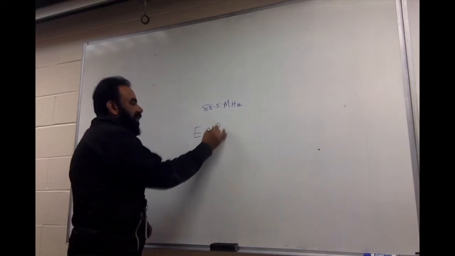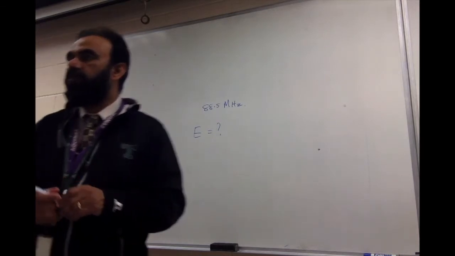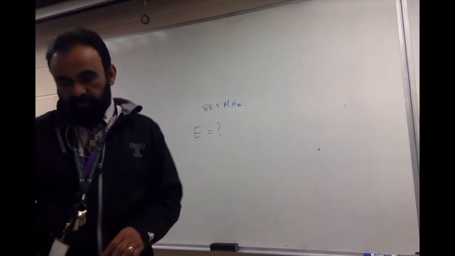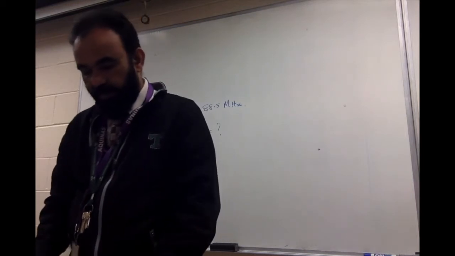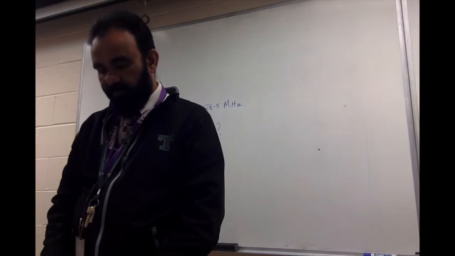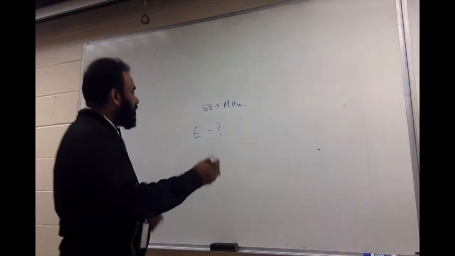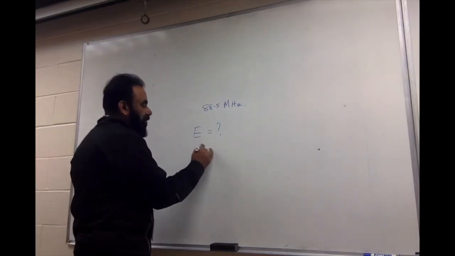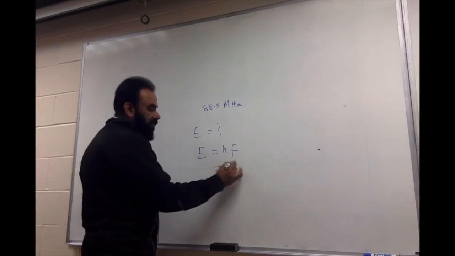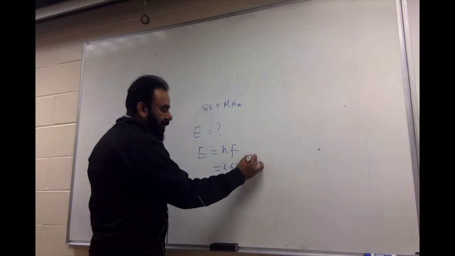The question is asking what is the energy of the photons. If you have an answer, let me know. 5.86 times 10 to the negative 26. Yeah, 5.87, right? So E is equal to hf, 6.63 times 10 to the power of minus 34?